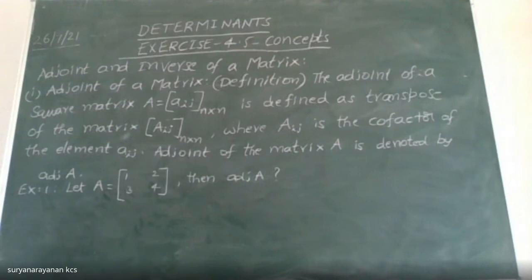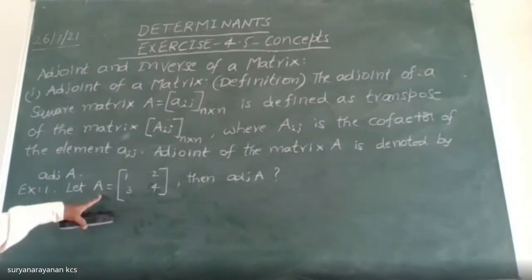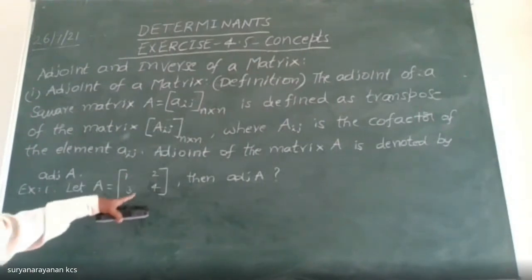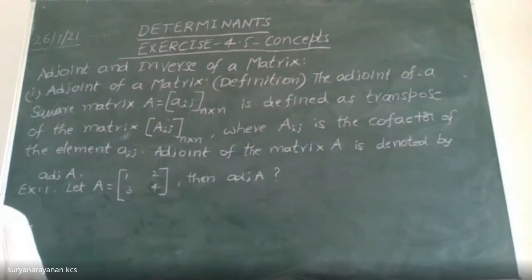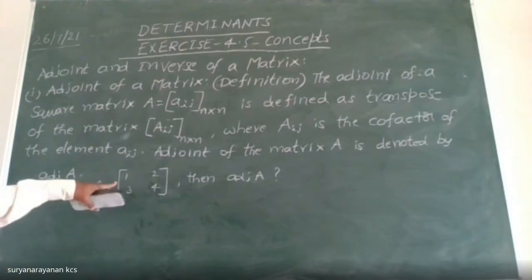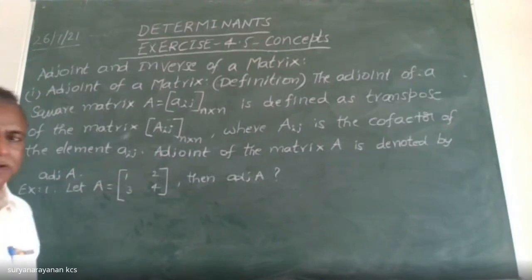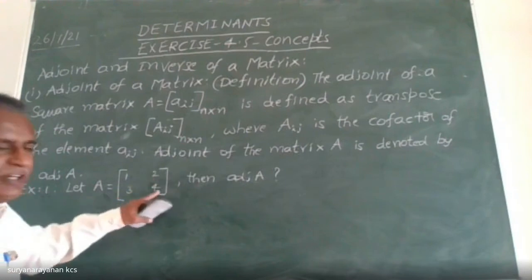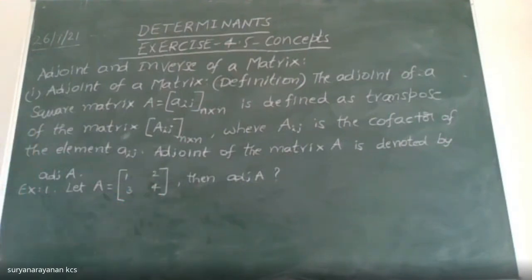Then, what is adjoint A? If A is equal to matrix 1, 2, 3, 4, then what is adjoint A? How to find adjoint of this matrix A? We have to find cofactor of each and every element of this matrix.